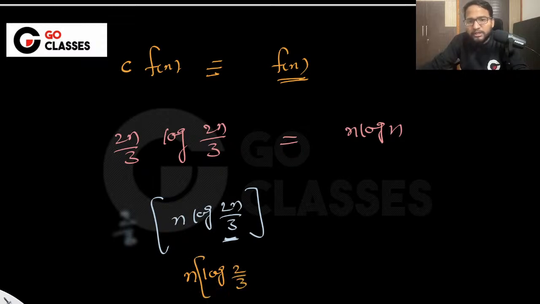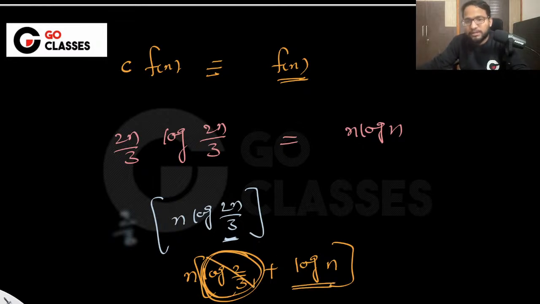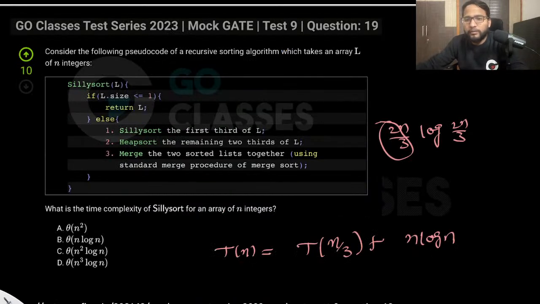What you can do is this plus log n. This is just a multiplication of this, and since this is a plus, and in the plus you are writing some function, you can also ignore this. So finally, it is n log n only, plus some constant.